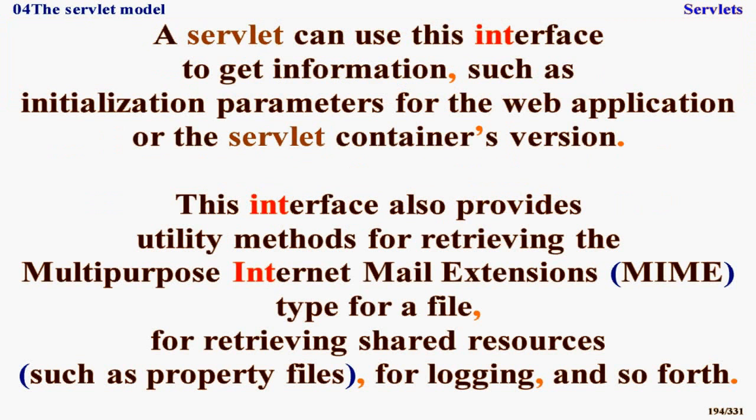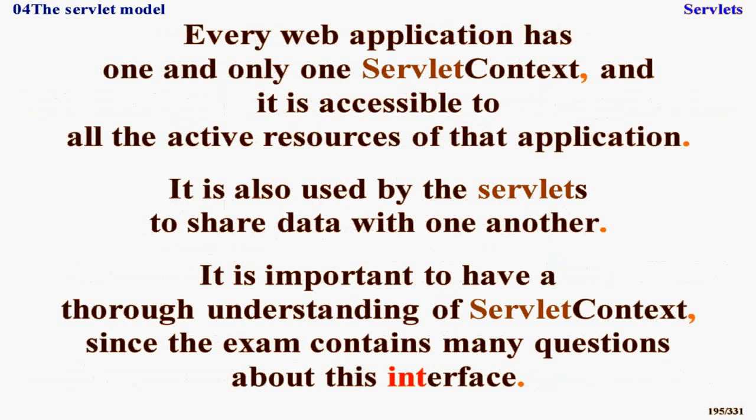This interface also provides utility methods for retrieving the Multipurpose Internet Mail Extensions (MIME) type for a file, for retrieving shared resources such as property files, for logging, and so forth. Every web application has one and only one servlet context, and it is accessible to all the active resources of that application. It is also used by servlets to share data with one another.